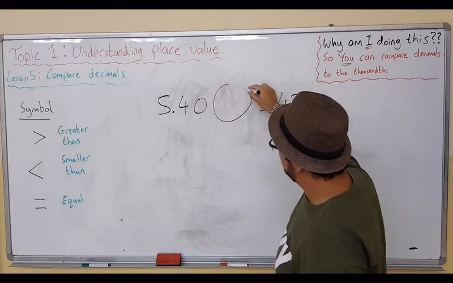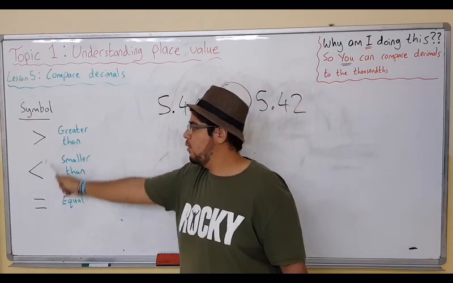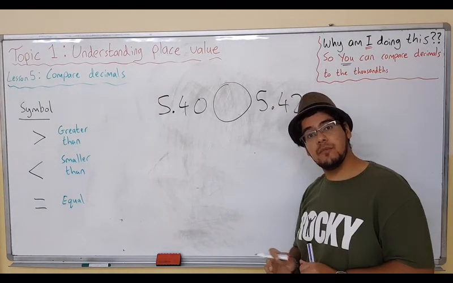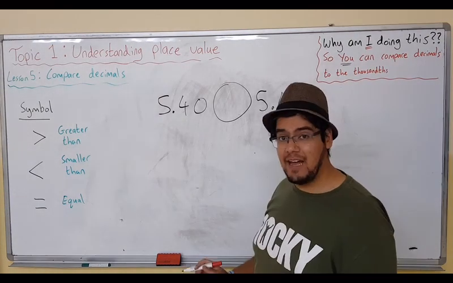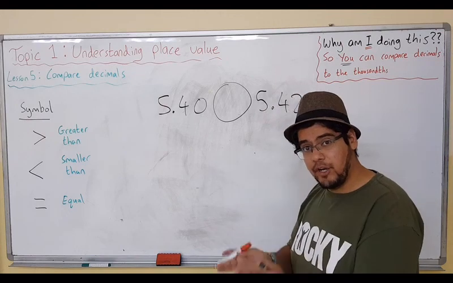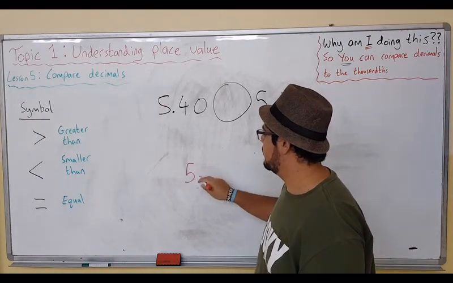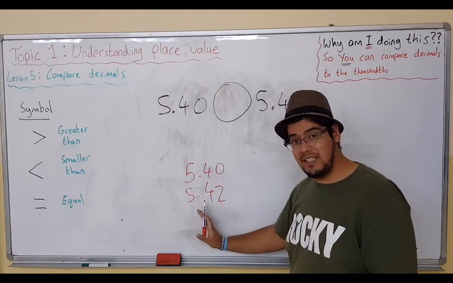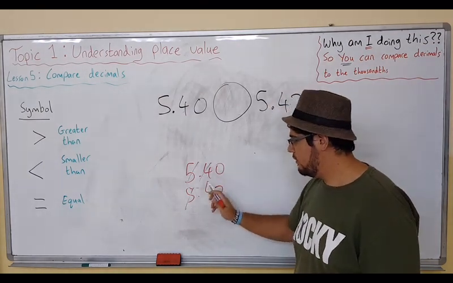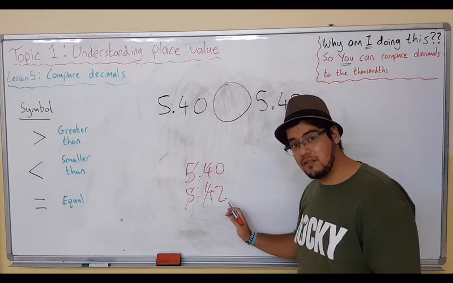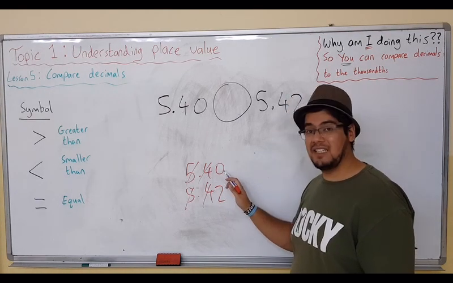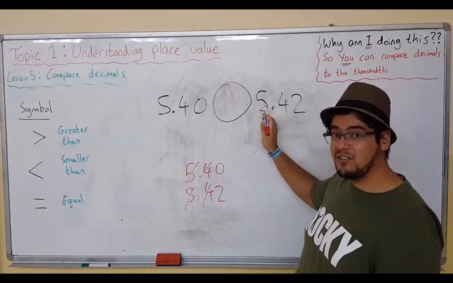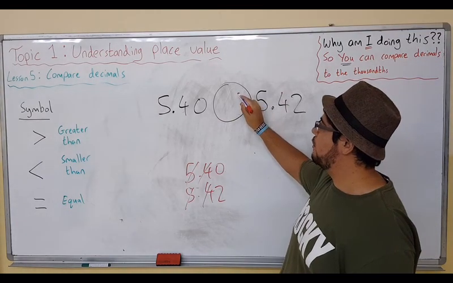And in here, in this circle, you'll have to input one of these symbols, okay? So guys, which number is bigger? Compare, right? Line them up according to place value. So 5.40, 5.42, and now we can see, right? 5s are the same, 4s are the same, and in the last place, the 2 is bigger than the 0. So that means this number is bigger than this number. So because this number is bigger, the bigger side of the arrow goes here.